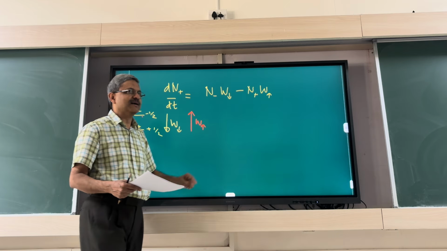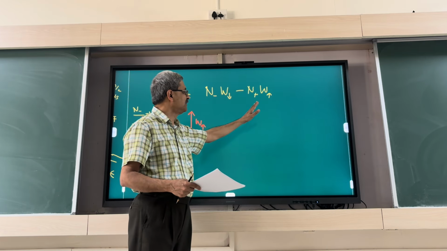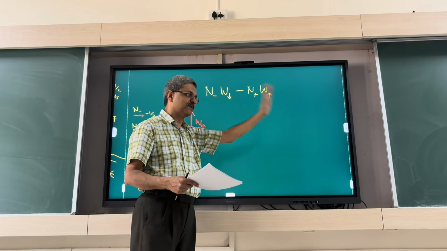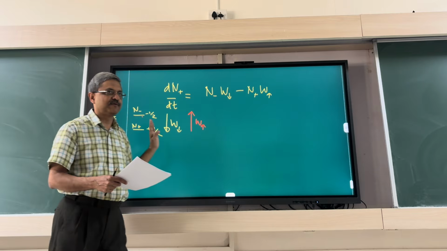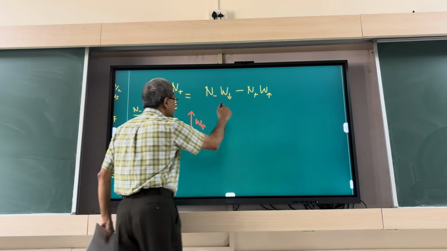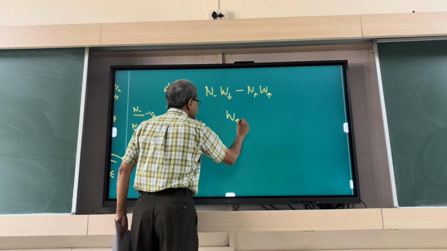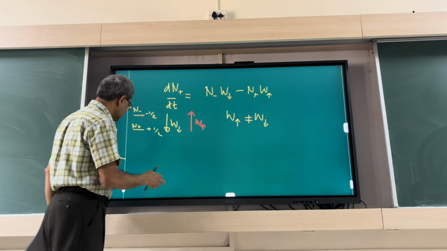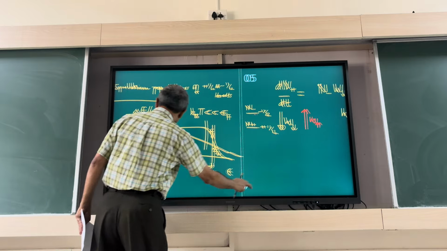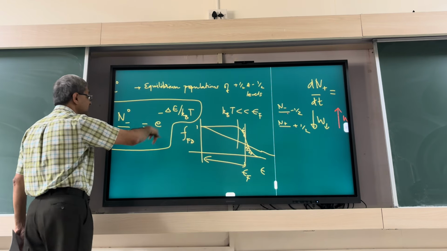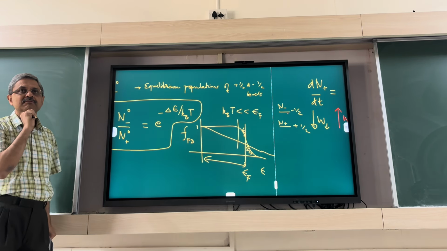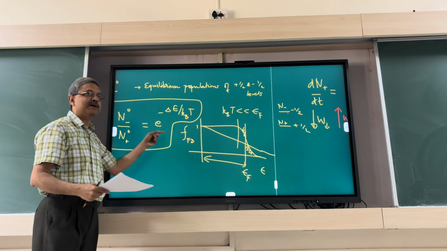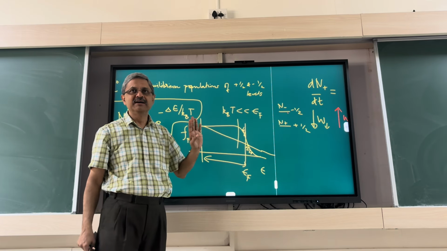So this situation, where you are taking care only of the lattice part, is different from the earlier one. W up is not equal to W down, because you need this kind of population difference in equilibrium. This is mandated by some StatMech ideas.